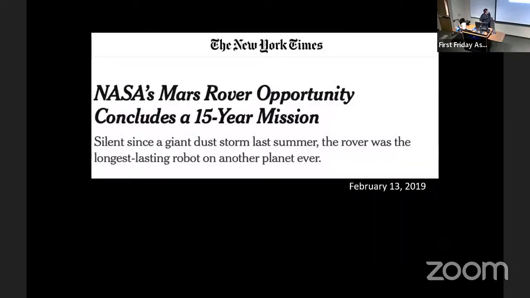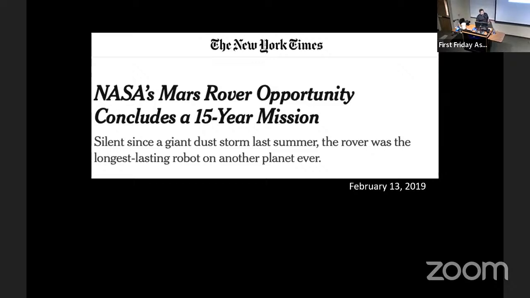But what is a more realistic one we know happens is, and one thing they did get right in this video is look how dark it is. It's super dark. Yeah, that's a real problem, right? Go away, laser pointer. So we lost a mission because of this. After 15 years, the rover was lost because a giant dust storm came along and it got so dark, and Opportunity ran on solar panels and it couldn't get enough power.